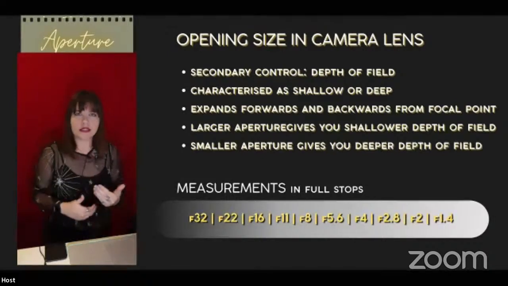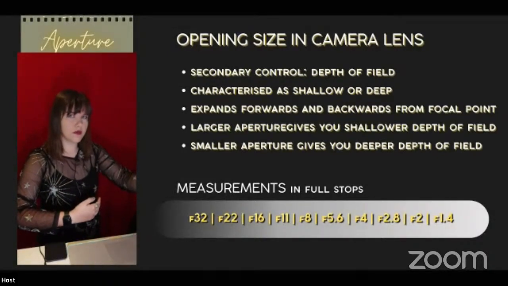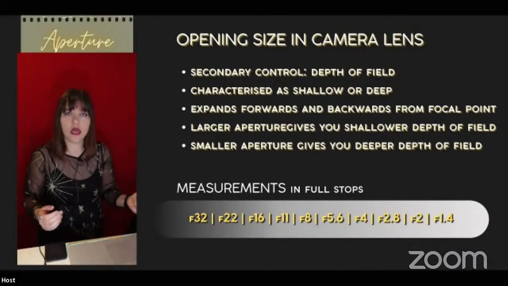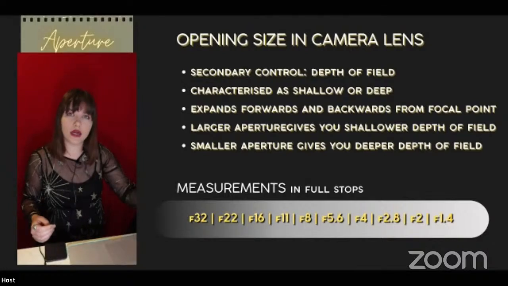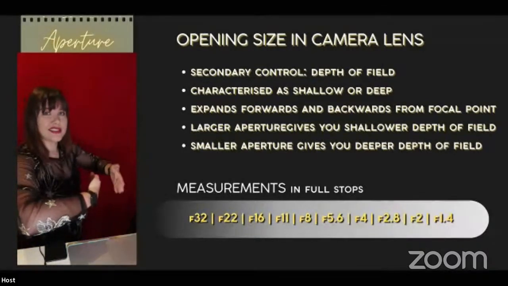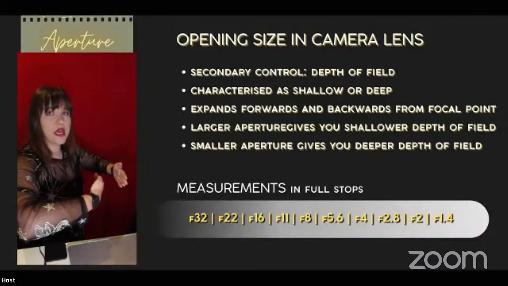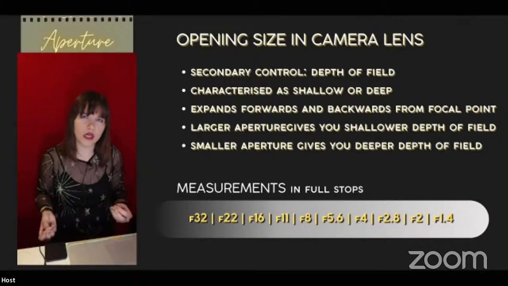That green box is actually picking a certain distance from your camera. So let's just say 10 feet. Anything that is 10 feet parallel to your camera will be in focus.